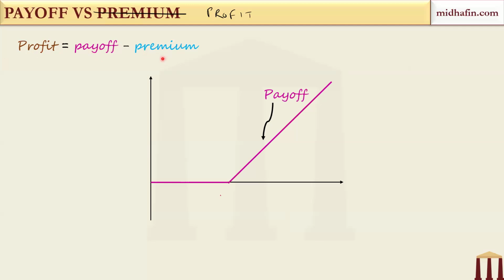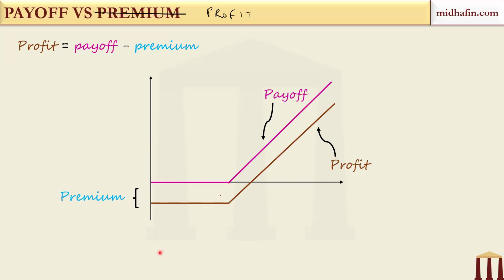If something is less than the payoff by a fixed amount, the best way to represent it in the graph is this: this is the profit, and we are pulling the payoff curve down by the premium amount at every point.